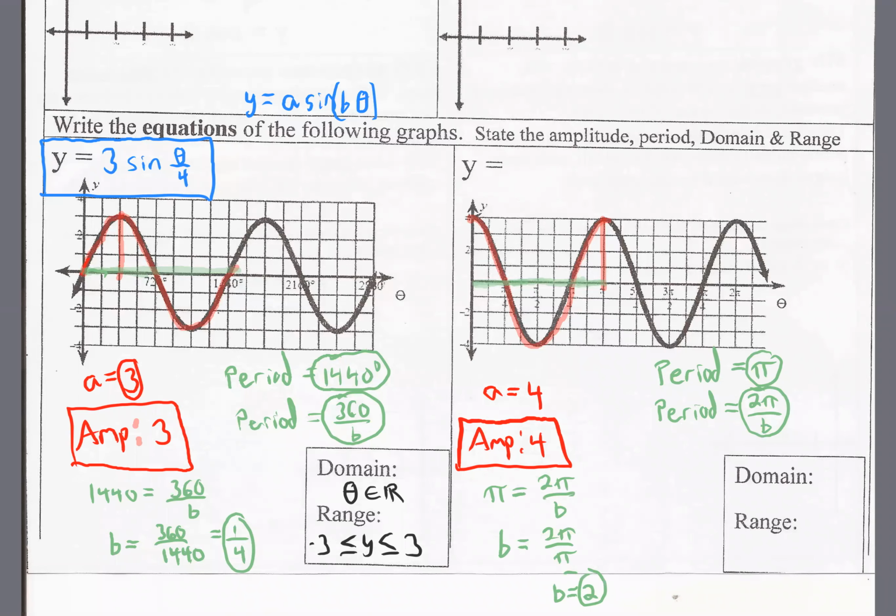So here, I'm going to use the formula for cosine, A times cosine of b theta. So y equals, I'm just going to plug in 4 for A, and then cosine of 2 theta. And you can graph this on your calculator, and it should match the given graph.